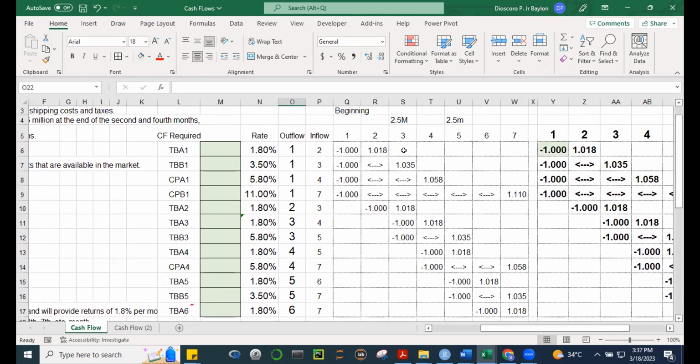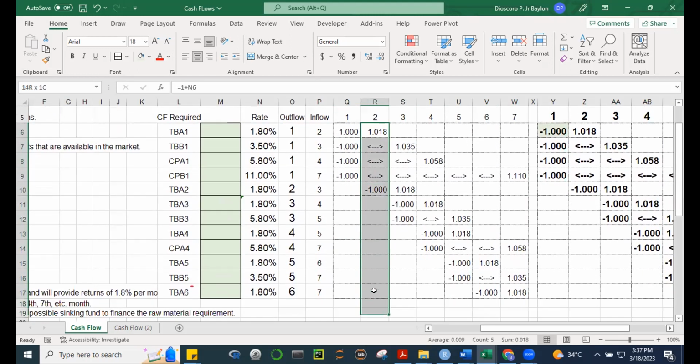Class, take a look at month 2. TBA1, then what? Only TBA1. Yeah, TBA1 is the amount that you will invest in TBA at month 1. So what will be the inflow at month 2? TBA1 times 1 plus rate. Yes, this one. This is the inflow, right?